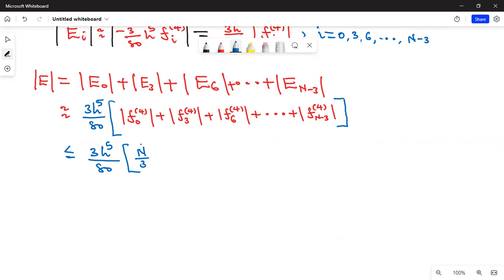We have left out when i is 1 and 2. We've also jumped when i is 4 and 5, etc. That's why there are n over 3 terms only, not n terms. Then times the maximum, for a less than or equal to x less than or equal to b, of the absolute of the fourth derivative of that function.